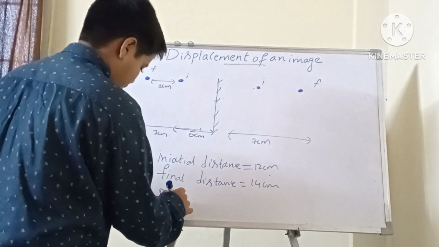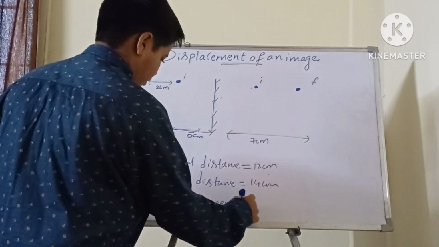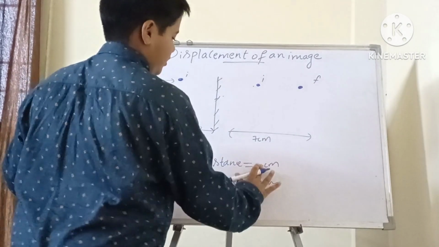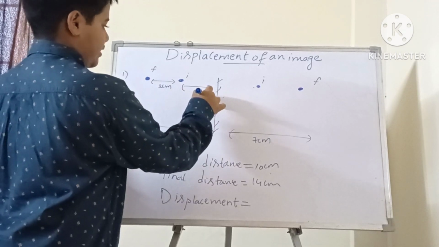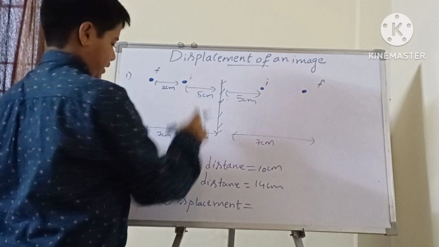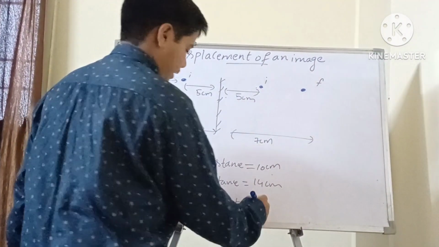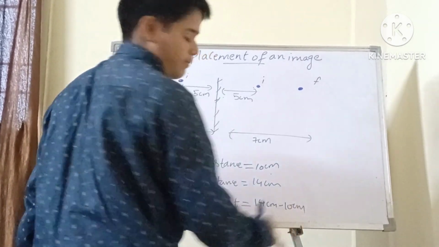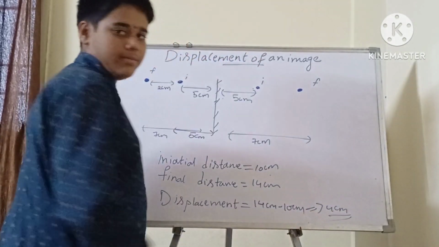And here the displacement of the image is 14 minus 12. Here it is 10, not 12, because this is 5 centimeters and this is 5 centimeters, since we have to find the initial distance. So this is 10 centimeters, and the displacement of the image is 14 centimeters minus 10 centimeters. Here 4 centimeters is the displacement.